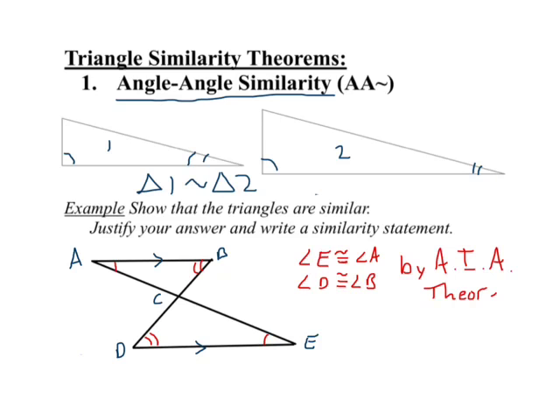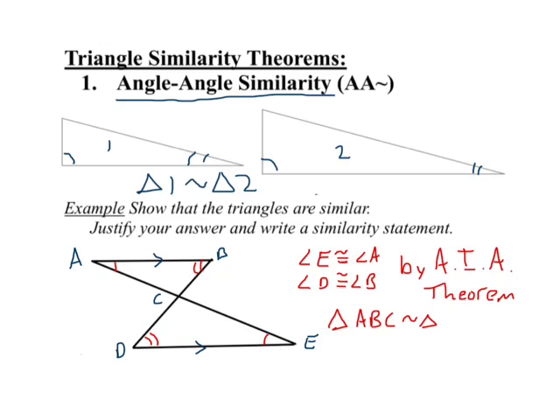Alright, so we know that we have two congruent angles there, and that's good enough. We've got two angles congruent. That means the triangles have to be similar. Okay, so we can say now that the triangles are similar. ABC is similar to triangle. Now we've got to get this in the right order.